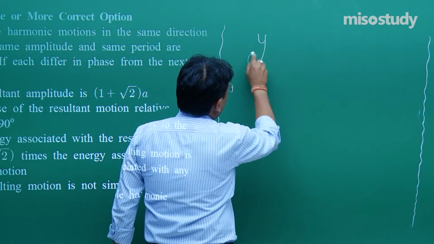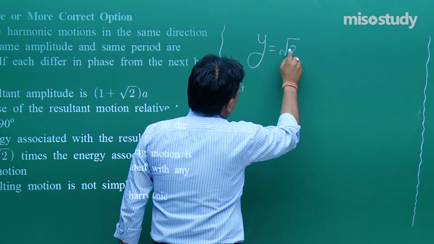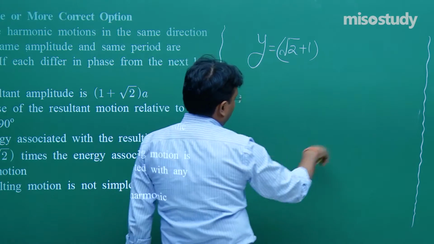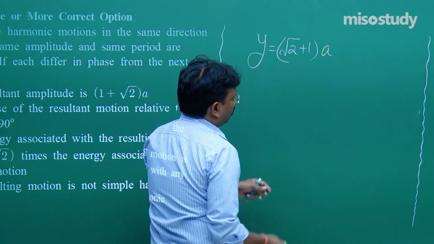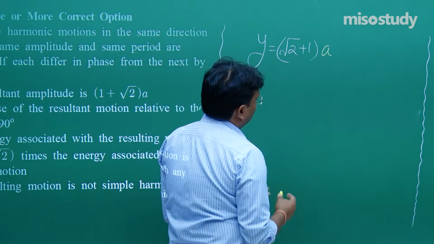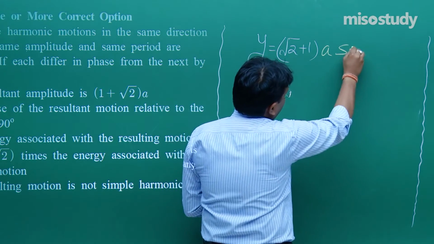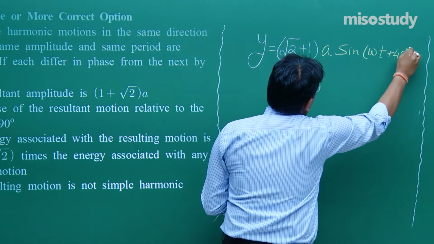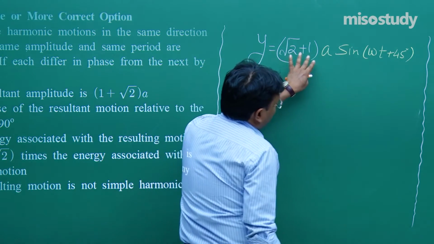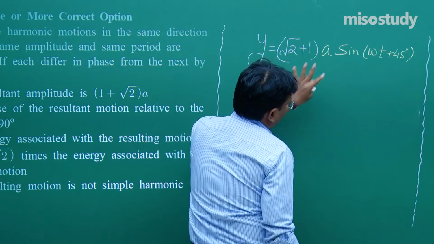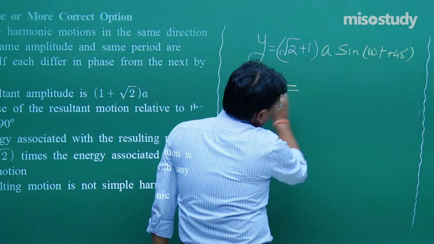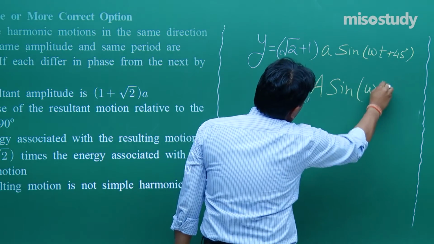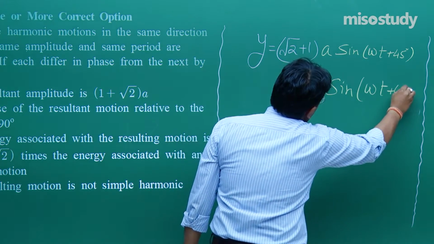So finally y is equal to root 2 plus 1, then a sin omega t plus this 45, the way I mentioned, a sin omega t plus 45.